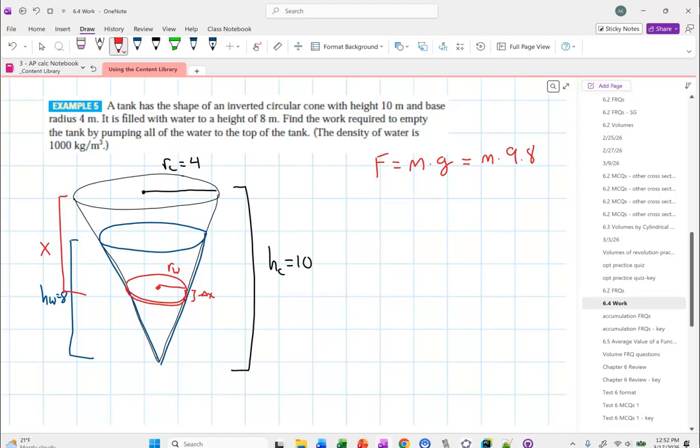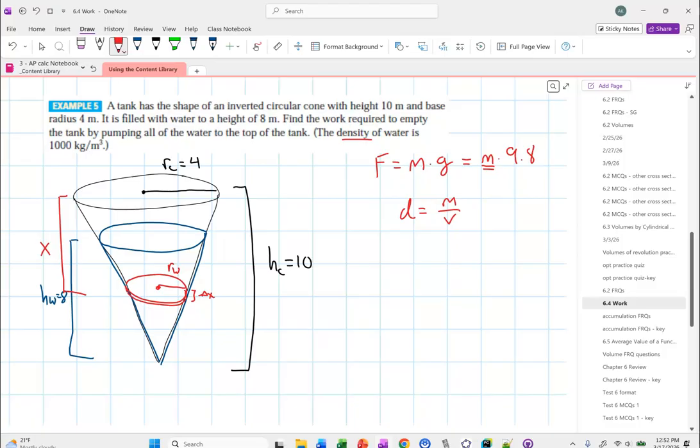So I'm going to need a way to represent the mass of this water. I have a volume here dimensionally. I'm going to need to convert that volume into a mass. The way I'm going to do that is using density. What's the relationship between density, mass, and volume? Density is mass divided by volume. It's the amount of stuff divided by how much space that stuff takes up.